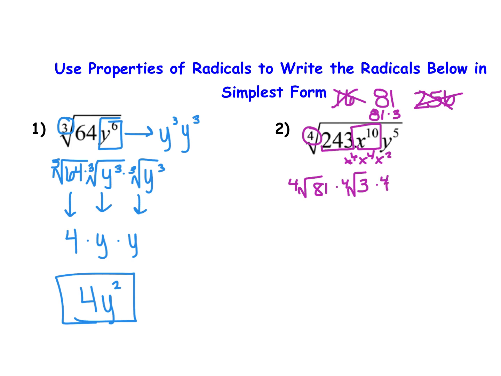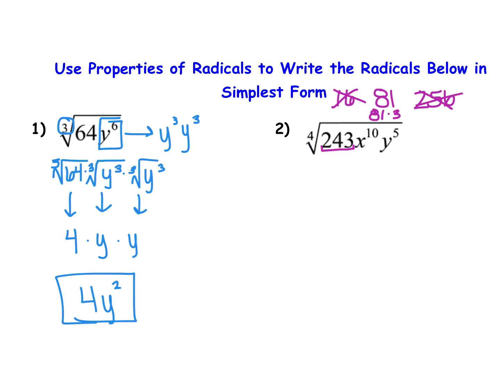So I have fourth root of x to the 4th, fourth root of x to the 4th, and the fourth root of x squared. And then from here, the y can become y to the 4th and y to the 1st. So I'm going to have the fourth root of y to the 4th, and then I'm going to put this one up here, the fourth root of just y to the 1st.